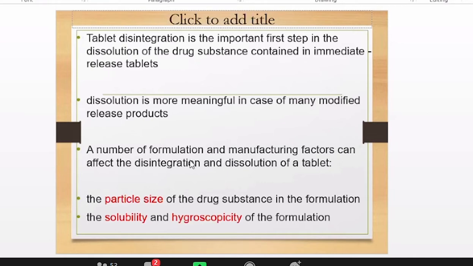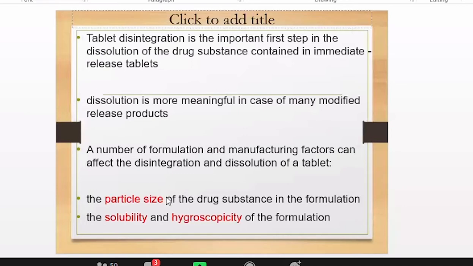So there are a number of factors that can affect these two processes we are talking about, disintegration and dissolution, which are related in a way. Some of them will include the particle size of the drug substance in the formulation. We know that if you decrease the particle size, you are going to increase the surface area, okay?